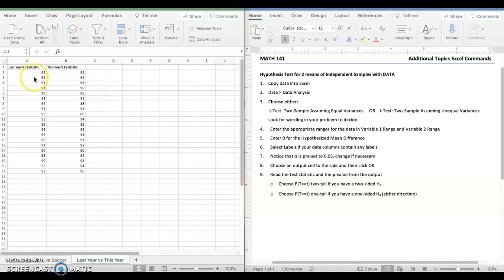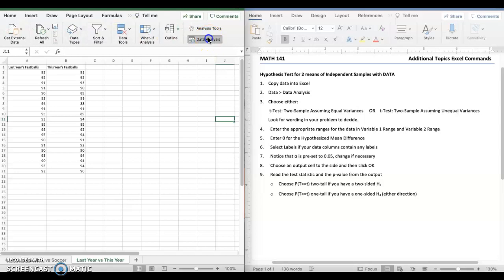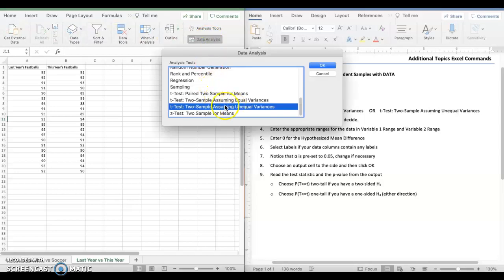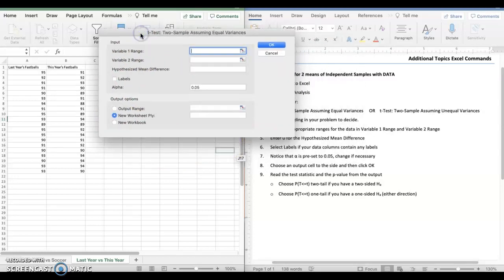We have our last year's and this year's. Okay, we are going to go into the data option and data analysis. This time we need to choose two-sample assuming equal variances based on what we're told. Notice that everything in here looks the same though, so everything we do now is the same.